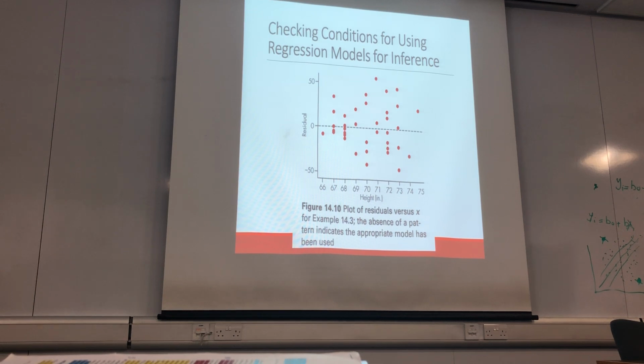This is the scatter plot of the residuals versus x; the absence of a pattern indicates the model is appropriate. So we said that when we plot the residuals versus x, the predictor, we got points scattered like a cloud. That means the model is appropriate and the observations are independent. Okay.